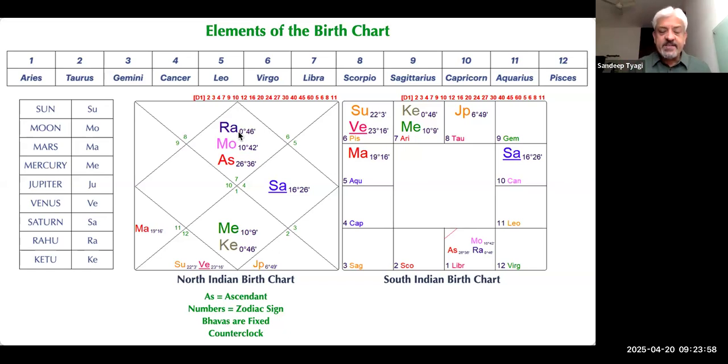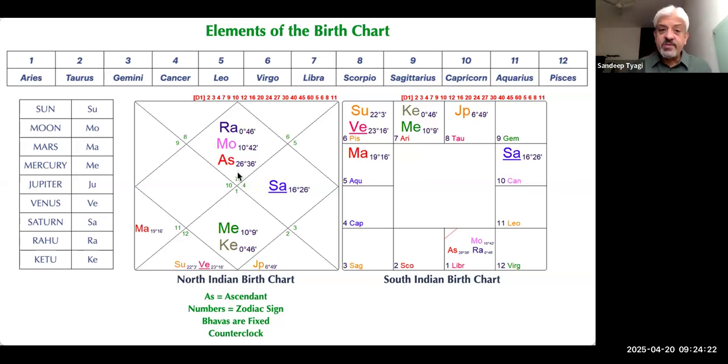So the bhavas in the North Indian format will start with the ascendant. In any format, they will always start with the ascendant. The rising ascendant represents the first bhava. And then the others follow in numeric order from 1 to 12. So we have 12 zodiacs, we have 12 bhavas.